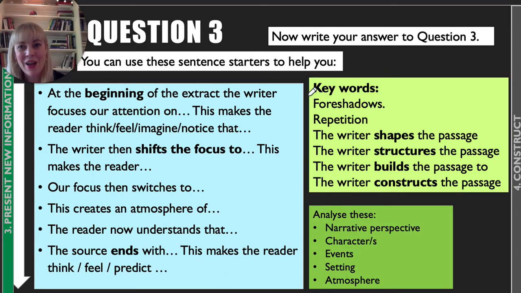Okay, done? So your next step would be to complete your analysis by saying this makes the reader think, feel, imagine or notice that. So I would say that this makes the reader think about what might have been the cause of the conflict and anticipate some sort of argument or conflict to follow.